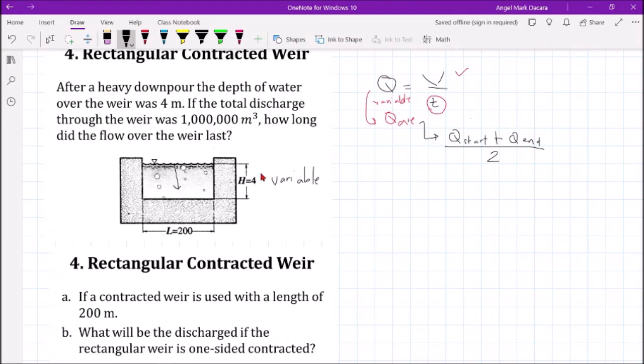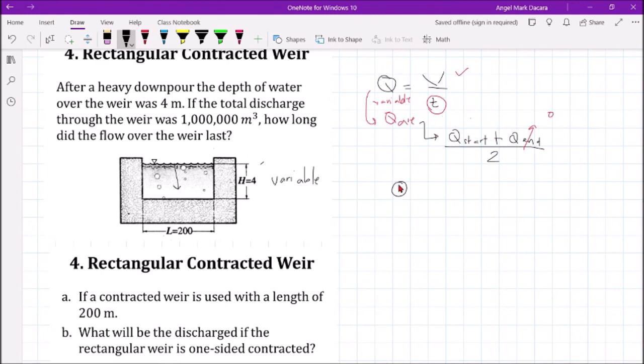Okay? Ano yung discharge nung simula o yung H equal to 4 meters, at ano yung discharge nung tapos na yung flow? Siyempre, nung tapos na yung flow, ano yung discharge natin? 0 na. Diba? So, ganun lang kadali ang gagamitin natin dito. Okay? Pero ang una natin problema is, ano yung discharge sa simula?